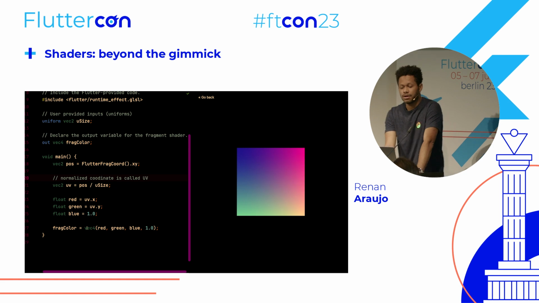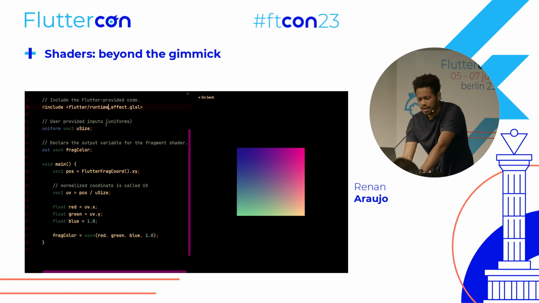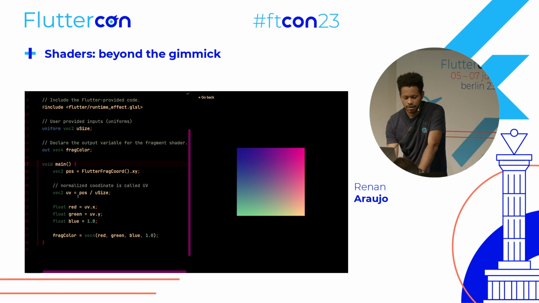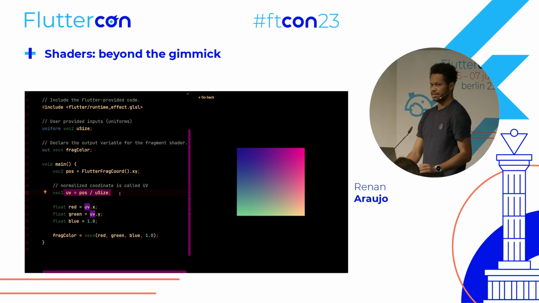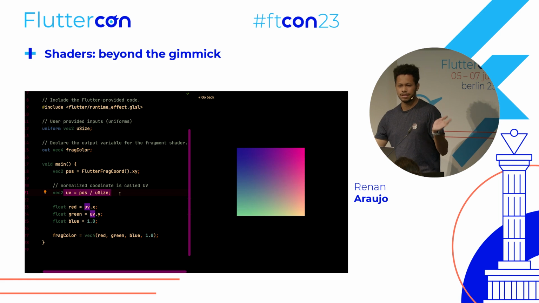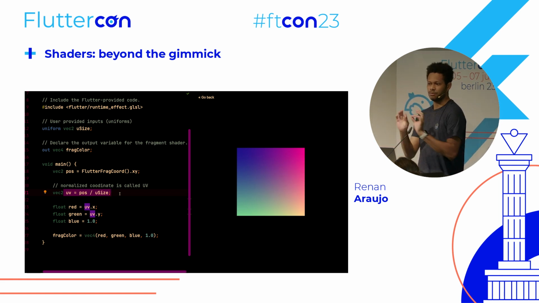We have the coordinate that comes from the Flutter helper, from the import here, and that will give us the position. And then we create this thing that's very important. We are normalizing the coordinate, so it's always between 0 and 1. The top left is 0, and the bottom right is 1, 1.